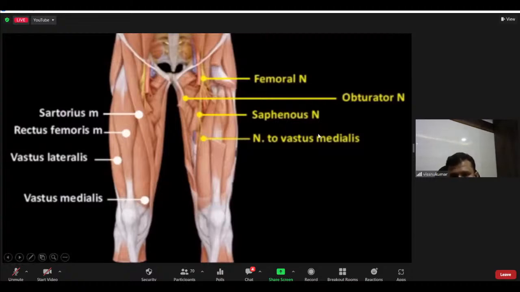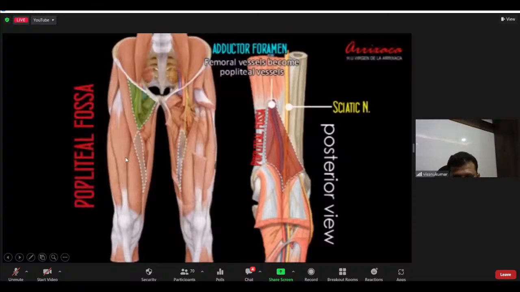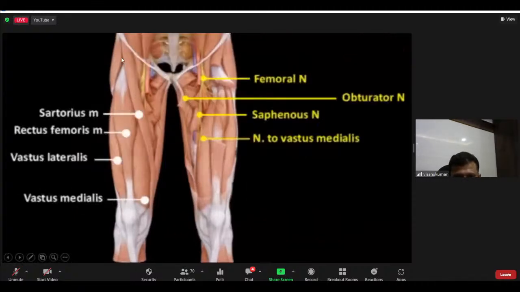This is the anatomy of the lower limb. If you see this right lower limb, you can see one muscle which is crossing from lateral to medial. Okay, and this muscle is called the sartorius. Just remember this. In the leg, we have rectus femoris, vastus lateralis, vastus medialis, and below the rectus femoris, we have vastus intermedius.